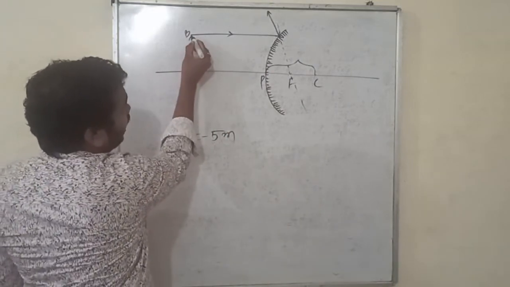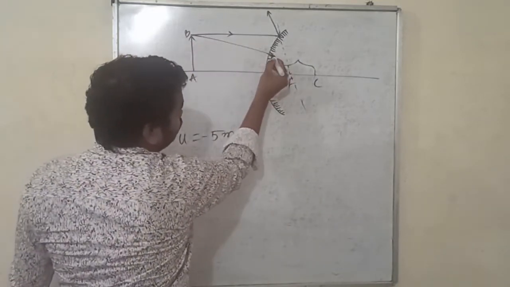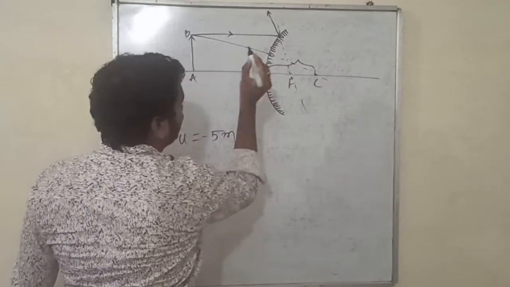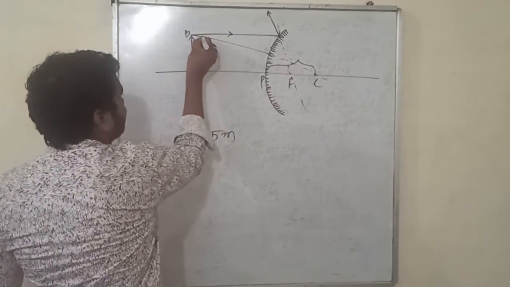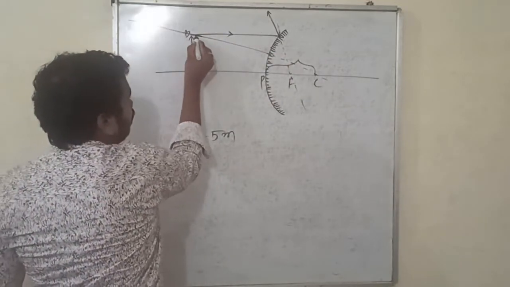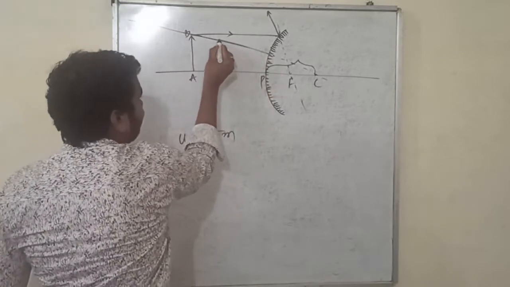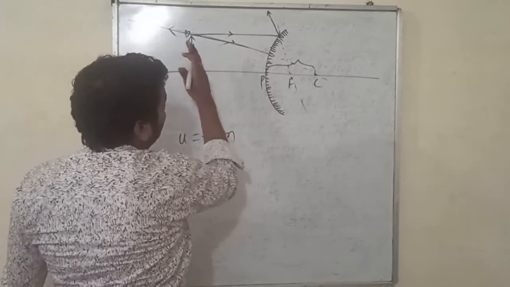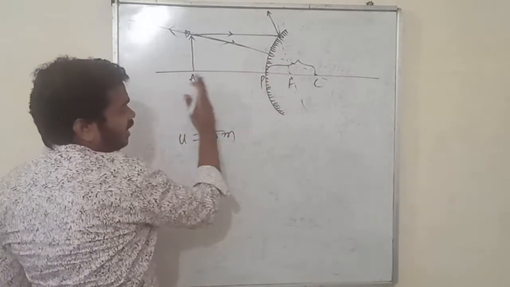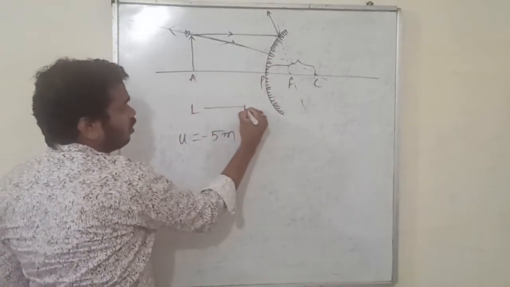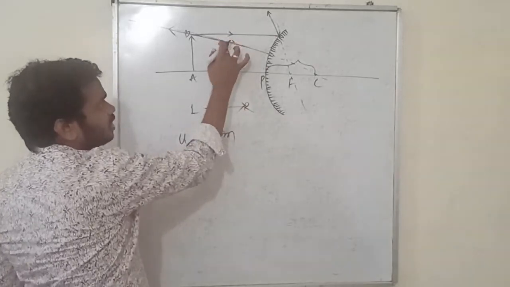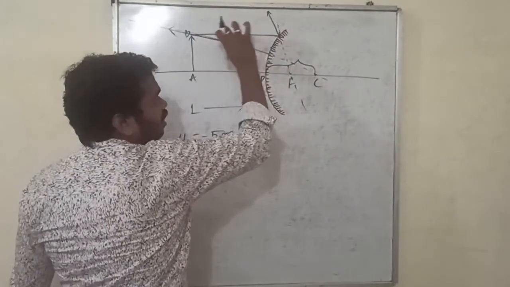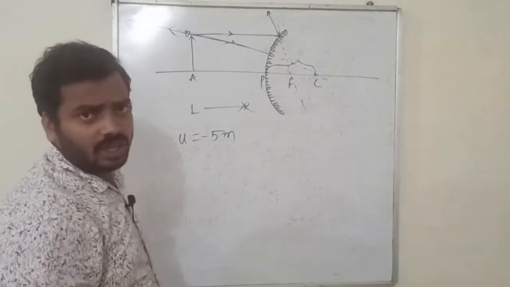Next we shall take another ray, assuming that it is passing through the center of curvature, then the reflected ray would pass along the same path. Now you see, the incident ray direction is from left to right. These are two incident rays moving from left to right only.